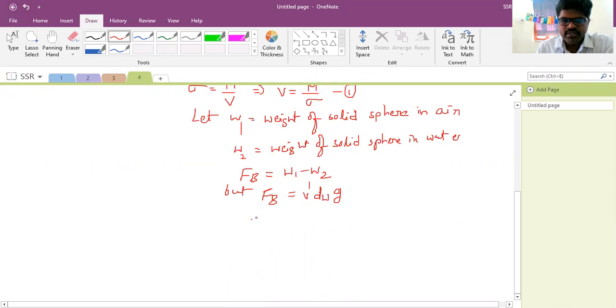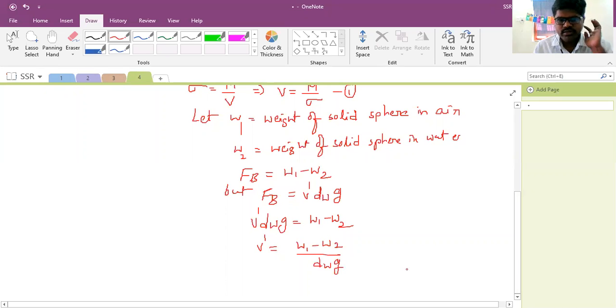Equating, V dash into dW into g is equal to W1 minus W2. So from this, V dash is equal to W1 minus W2 by density of water into g.